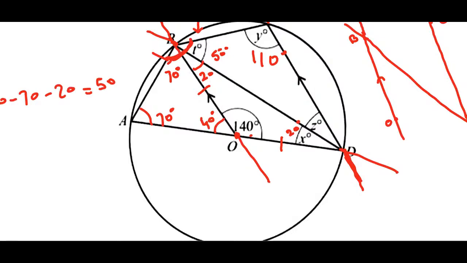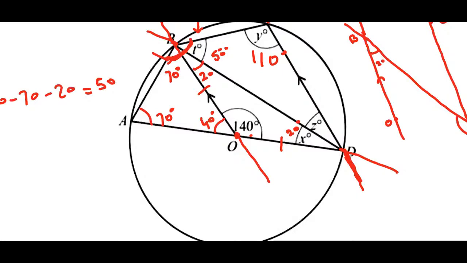So this angle is 20 degrees. Now, we have two parallel lines. What would be this angle? We know that the interior angles are 180.